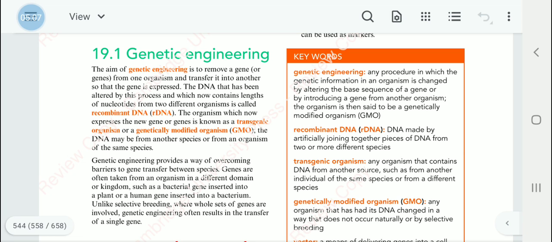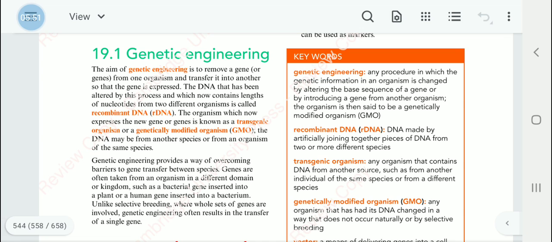This process will result in a new formation of DNA. We call that rDNA, that is recombinant DNA. Please don't misunderstand this to be RNA or mRNA or the natural forms, but here we are talking about a genetically engineered form of DNA, that is recombinant DNA, rDNA.